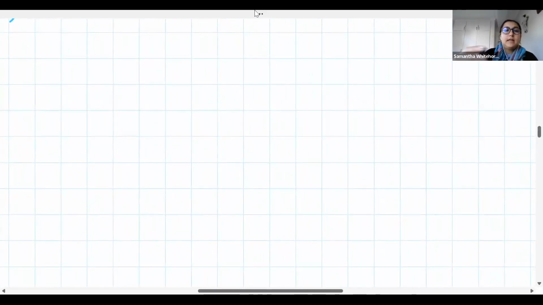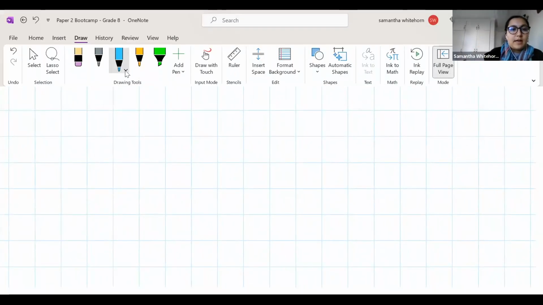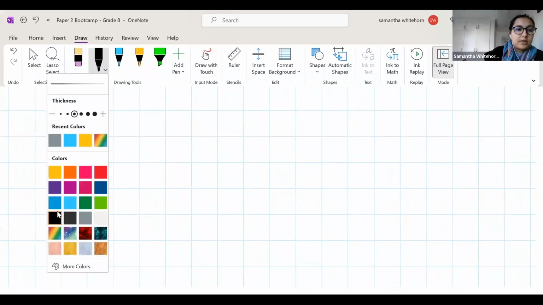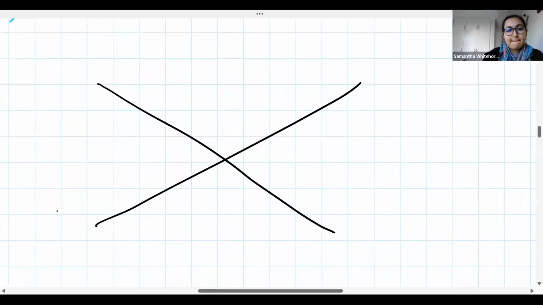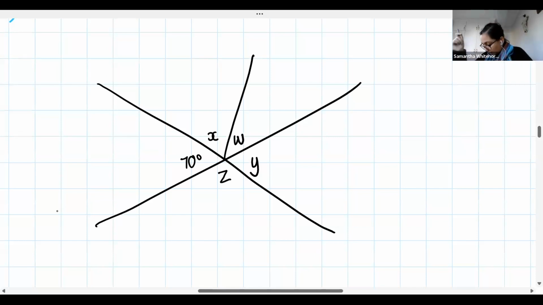Right, let us have a look at another one, and hopefully we can try and do this a little bit by ourselves, but let's see how we go.